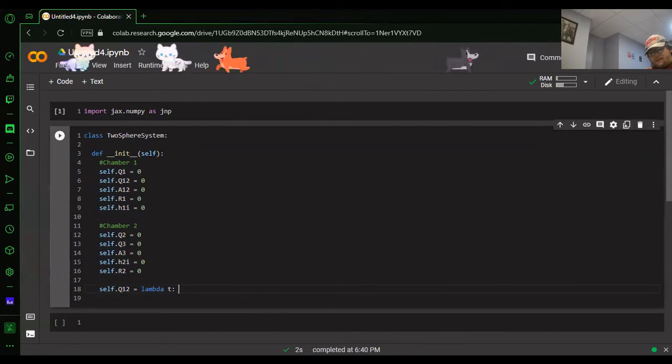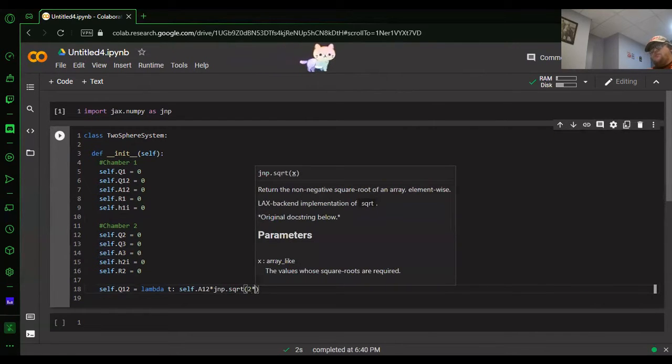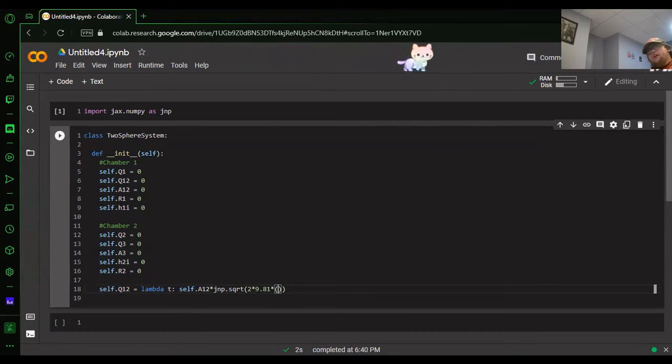Because what's going to happen is self.A12 multiplied by jnp.sqrt of 2 times gravity, which is 9.81, multiplied by the difference in heights. So let's be H1I minus H2I.